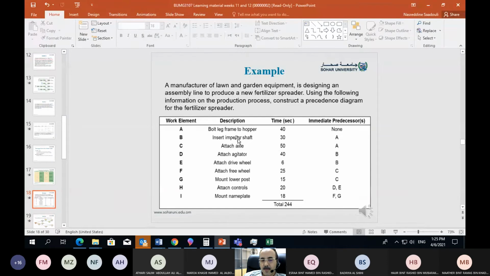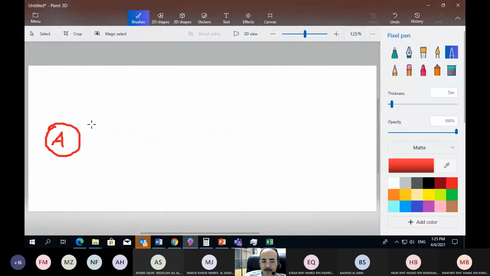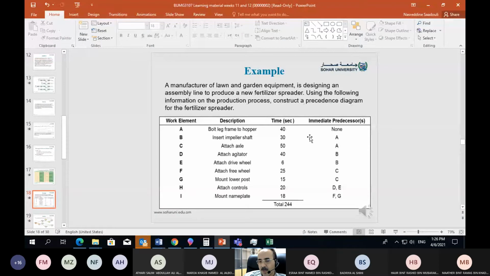Then you have B and C. Both require A. So I will have an arrow going from A to B, represented by a node, and one going from A to C, also represented by a node. Immediate predecessor means that this one must come before this one. A must come before B. A must come before C.